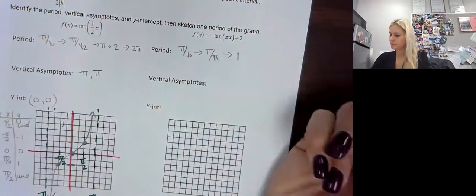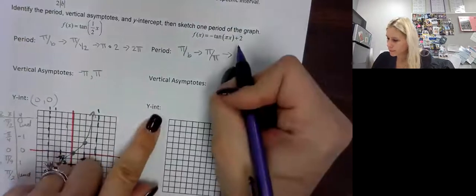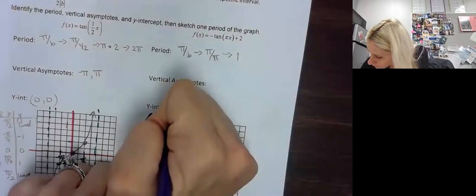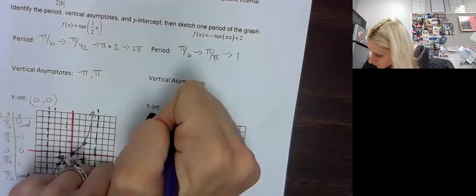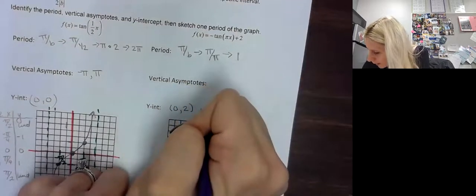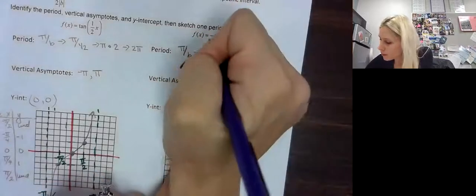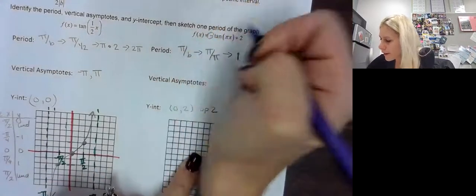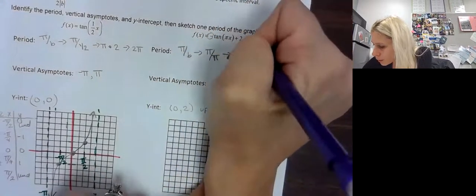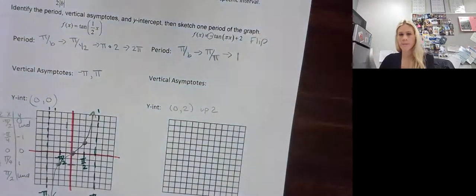Let's wait with our vertical asymptotes. y-intercept is always what's added on the end. So this is 0, 2, or we can think of it as going up 2. Now I want to remind myself there's a negative out front, so we're going to flip it. It should be flipped.